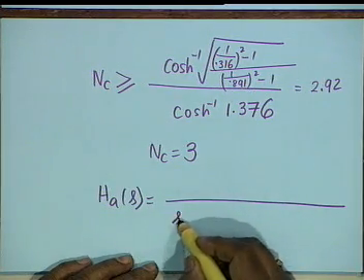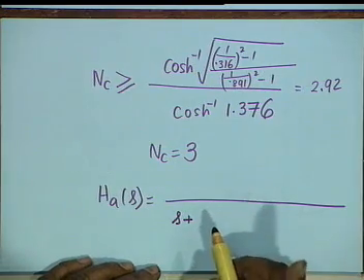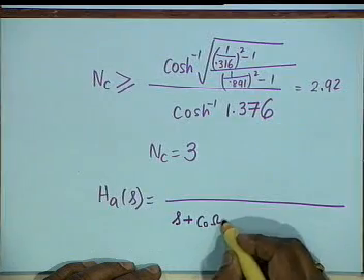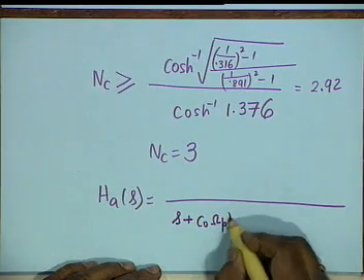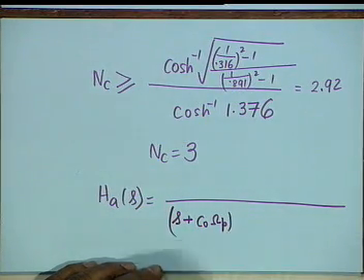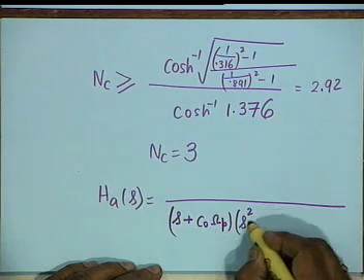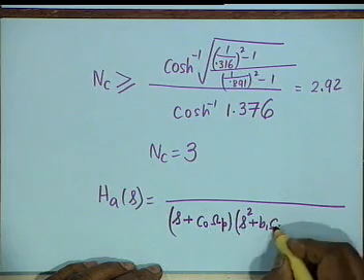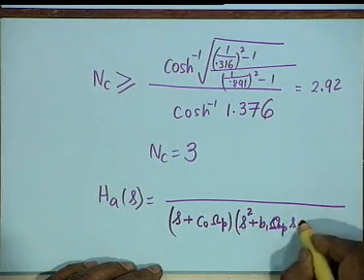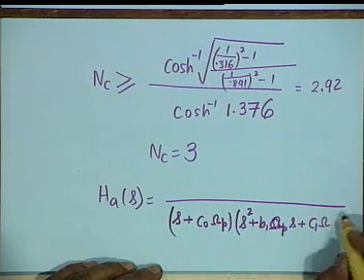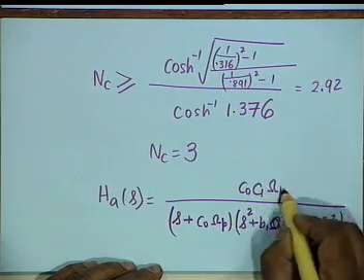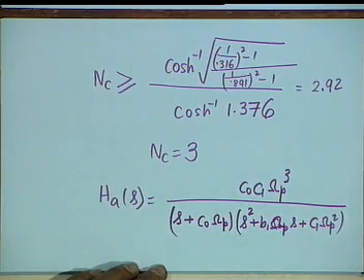I shall have s plus c0 omega p, since it is third order, it starts from 1, agreed, and therefore s plus c0 omega p, divided and multiplied by s squared plus b1 omega p s plus c1 omega p squared, and in the numerator I shall have c0 c1 omega p cubed.